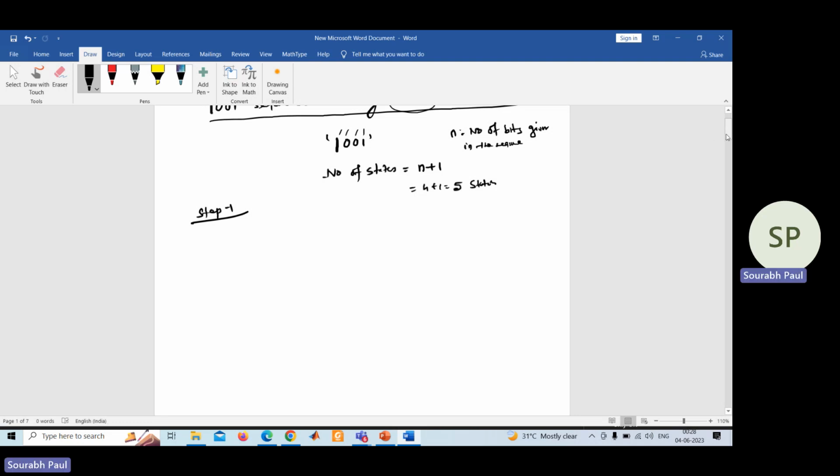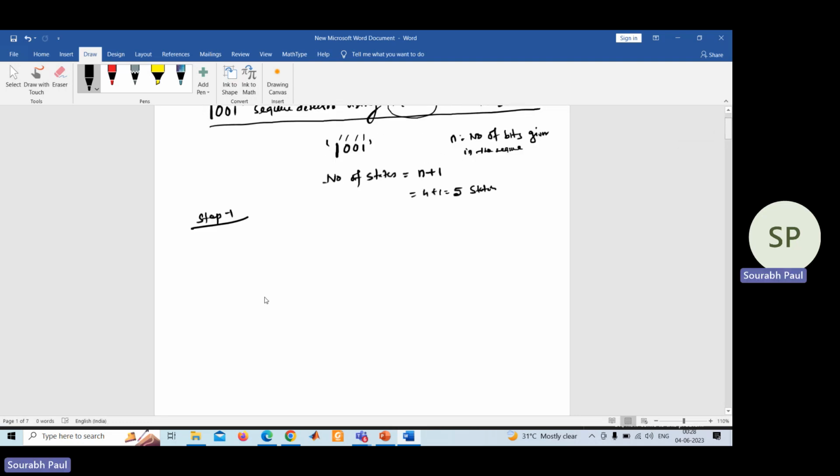Okay, now come to this problem. So make these 5 states first: A, then B, then C, D, and E. These are the 5 states. You need to draw these arrows, and whatever sequence is given, you can blindly write it down here: 1001.